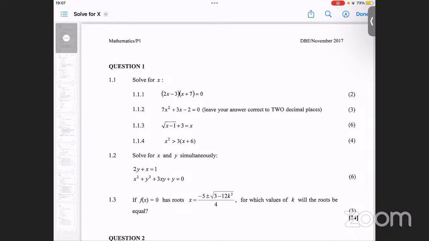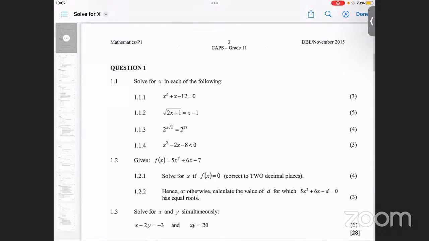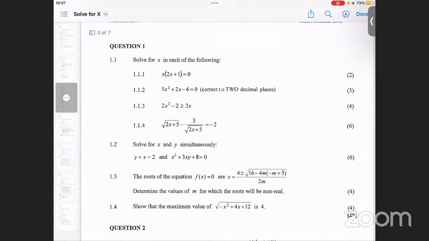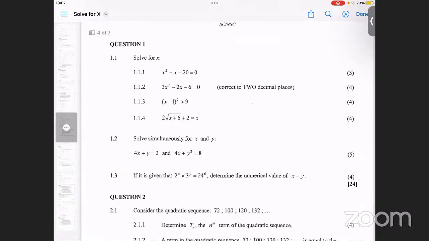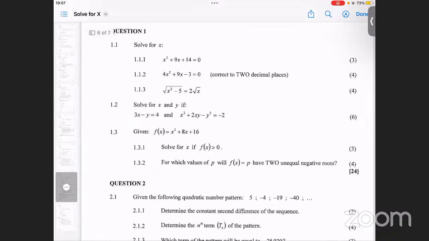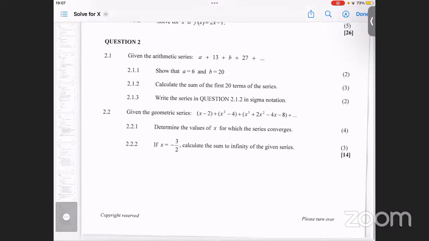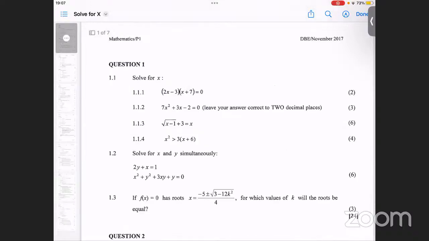So very quickly, as part of revision, I will randomly select some questions from this compilation, discuss how to approach this type of question, give you some tips, and then as we continue with our lessons, we will apply the knowledge I'm sharing in today's lesson.